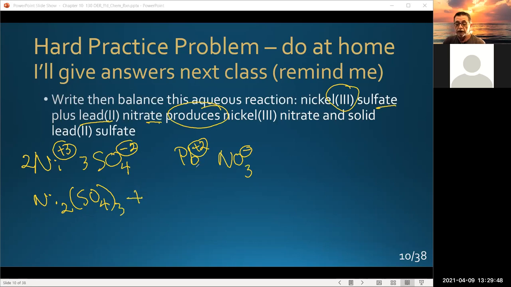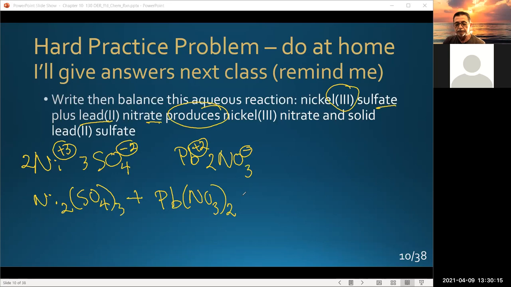Plus, lead is a +2, and nitrates are a -1. Well, we need 2 nitrates here again, so therefore I'm going to need a parenthesis. So I got lead, Pb, parentheses, NO3, subscript 2. So those are the formulas for the reactants.